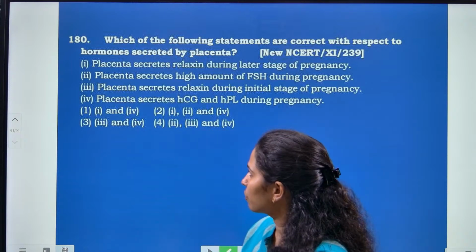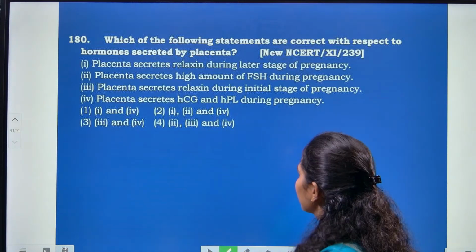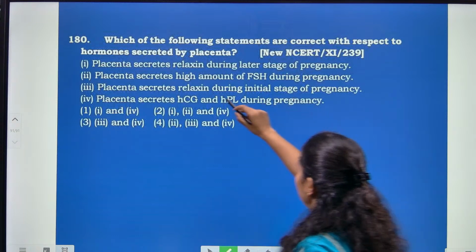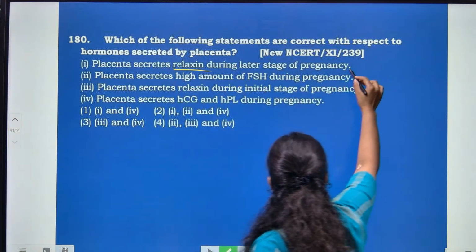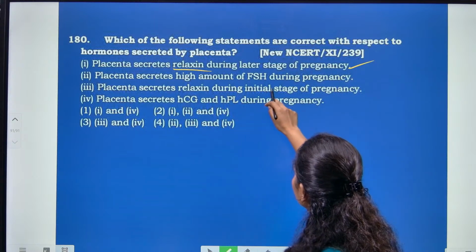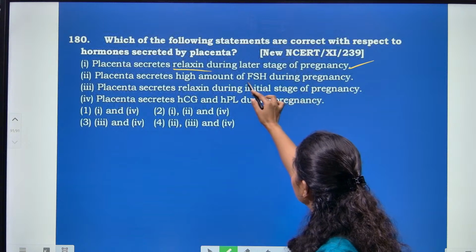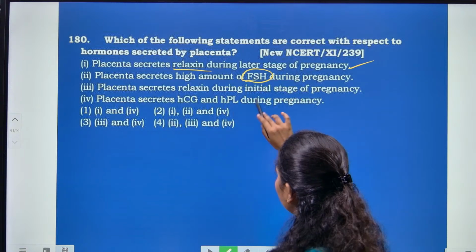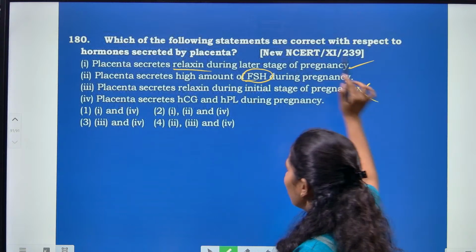Let us see which of the options are right. Placenta secretes relaxin during the later phases of pregnancy. Yes, during the later phases relaxin is released by the placenta. Placenta secretes a high amount of FSH during pregnancy, but it is not the FSH hormone here. Placenta secretes relaxin during the initial stage of pregnancy, not so.